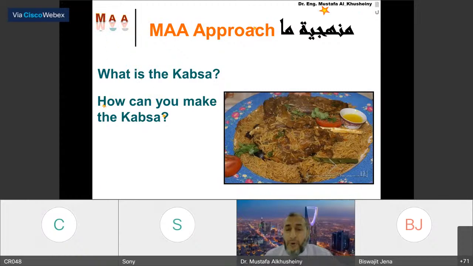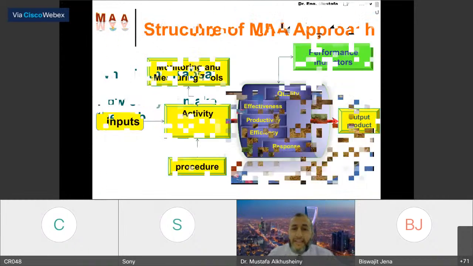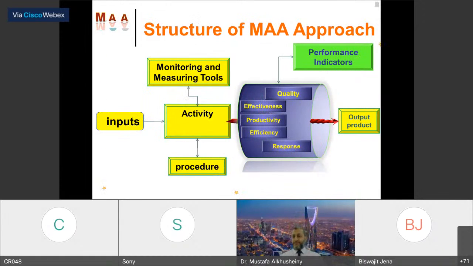So what is focusing on excellence, on the quality itself? For that, my approach is based on the shortest way to achieve excellence and quality of performance. Now, the structure of my approach is composed of seven items. The first one is the activity itself.